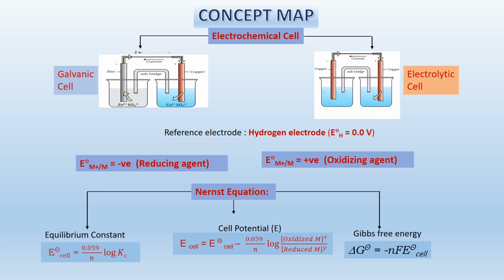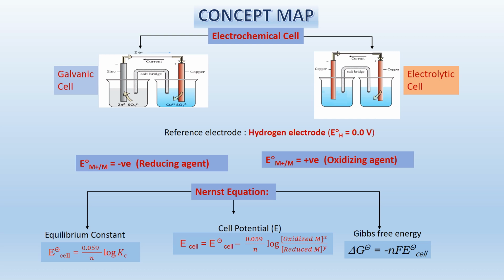And by using the standard cell potential, you can find the equilibrium constant and the Gibbs free energy, because you know the n value, the number of electrons involved in the reaction, where F is the Faraday constant, 96,486 coulomb per mole, right?